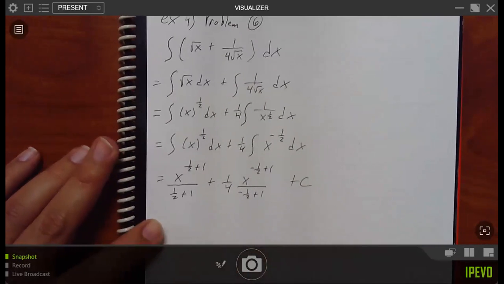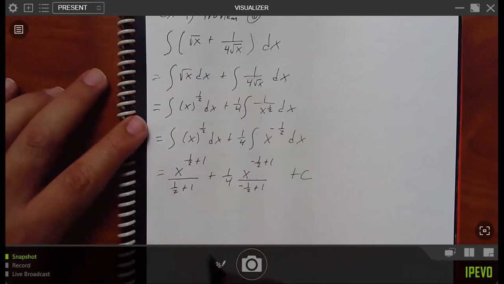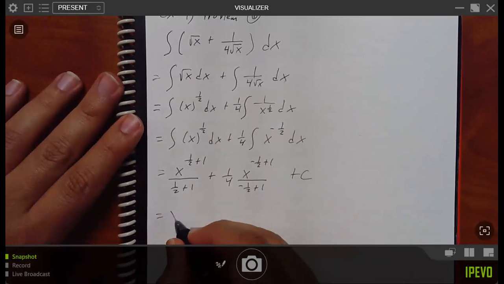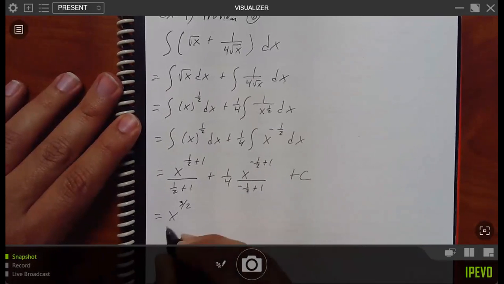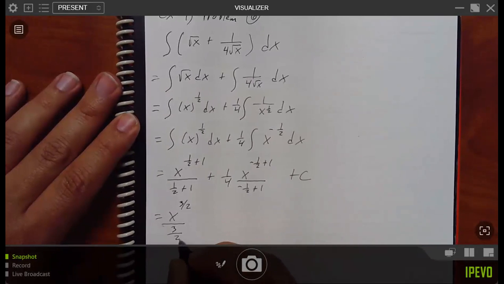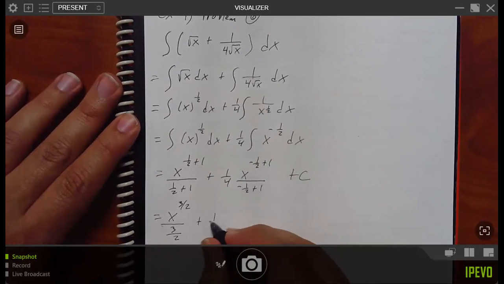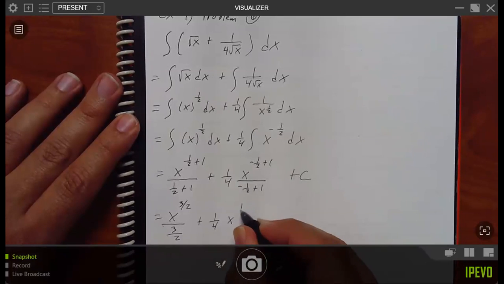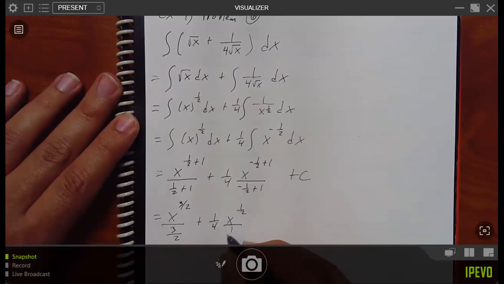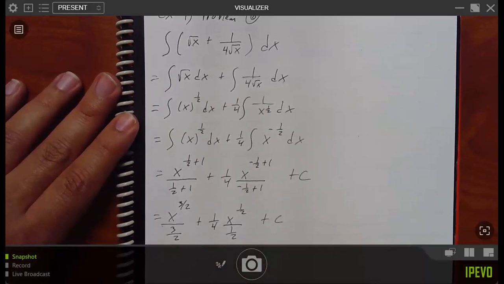That's the rule. 1/2 plus 1 is going to be 3/2, and -1/2 plus 1 would be 1/2. So 1/2 is down here.